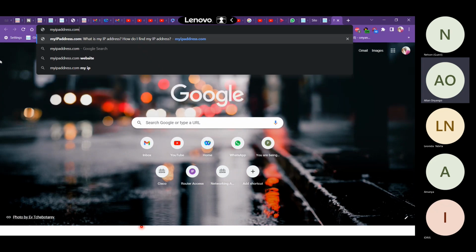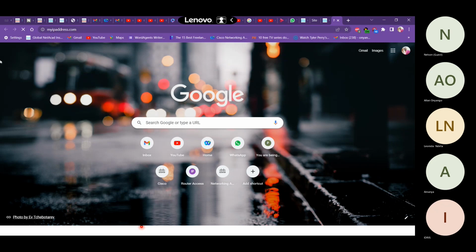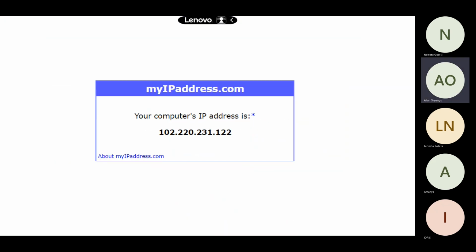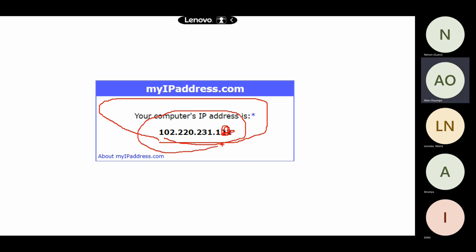If you type myipaddress.com on your browser and press enter, the next thing you'll see is what is called my public IP address. This is the address provided by the ISP, 102.220.231.20-something. So this is my public IP address. This is the IP address that is currently being used.